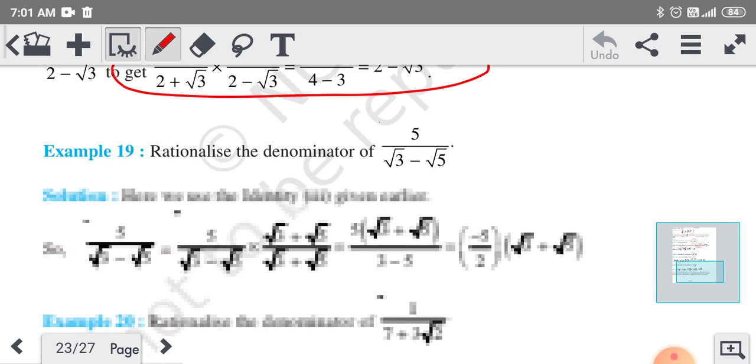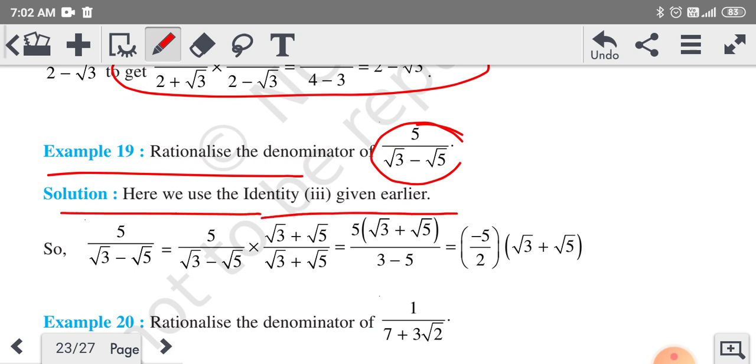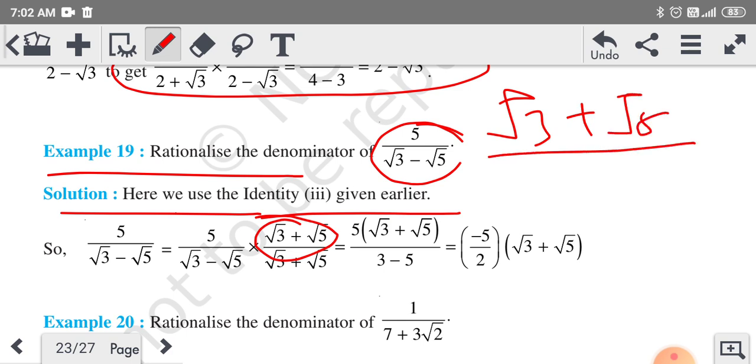So example 19, कहते, rationalize the denominator of this. तो कहते, here we use the identity third given earlier. So 5 by under root of 3 minus under root 5 is equal to 5 by under root of 3 minus under root of 5 into under root of 3 plus under root of 5 by under root 3 plus under root 5, that is, इसको साथ मल्टीप्लाई करेंगे.